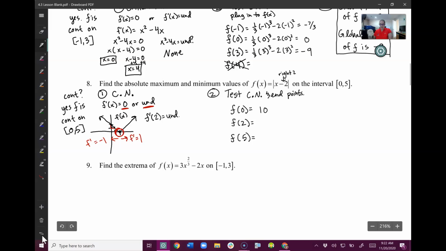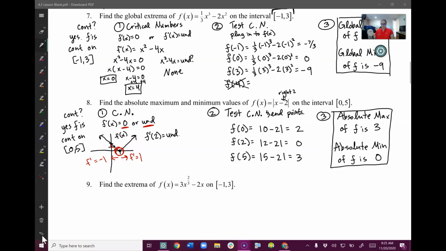We plug these all into f. Here I'd get the absolute value of -2, which is 2, the absolute value of 0, which is 0, and the absolute value of 3, which is 3.